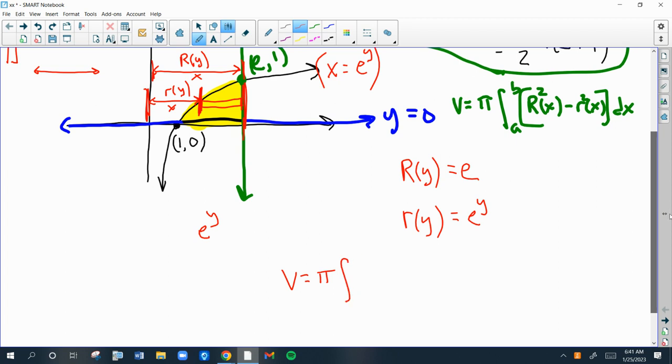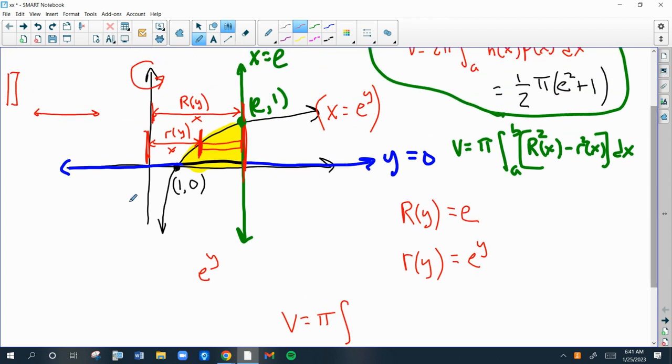Oh, I forgot my limits. Remember this rectangle is going vertically now, so from here to here. So we're at y equals 0 to this point right here, which is y equals 1.